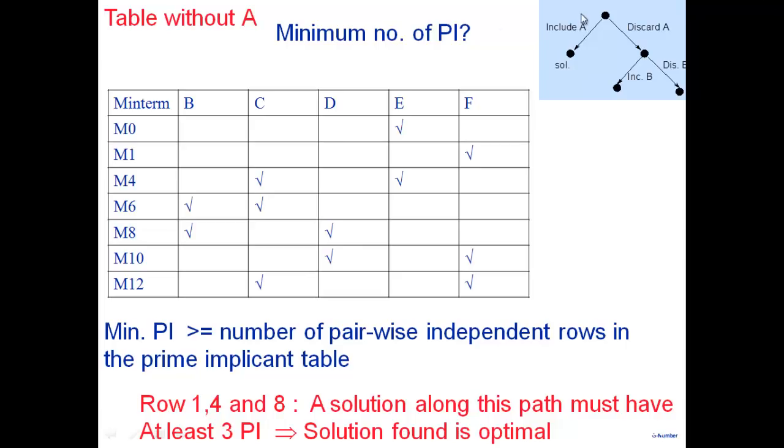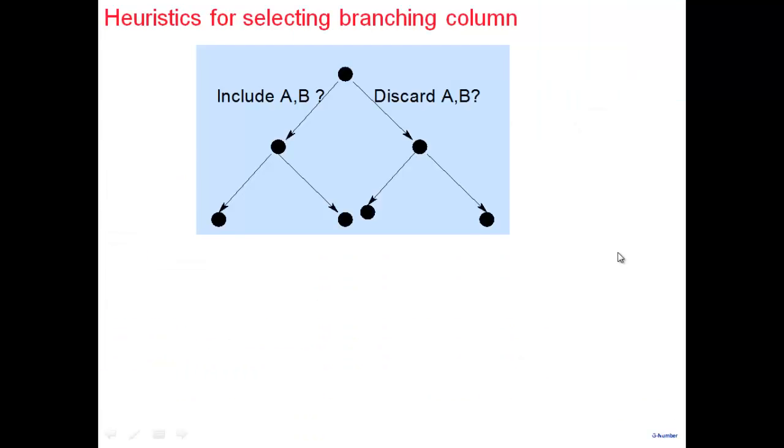So now it becomes a question of a search algorithm. How do I search my table and arrive at an optimal solution? Okay, so this is one way, there are other ways of doing it here.